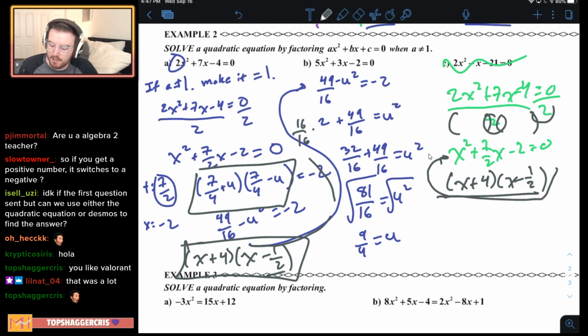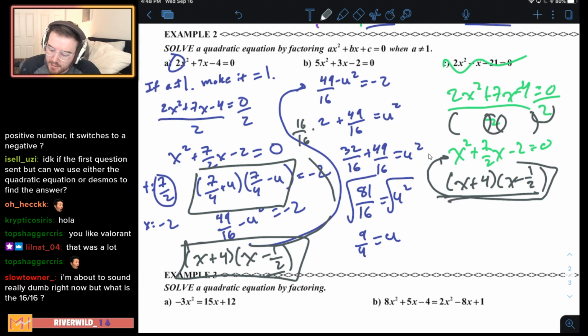I'm just having some fun here. This is not something you need to know right off the top of your head at a moment's notice. So this is the factored form of this. Plug it into a calculator. Fractions are just things you can plug into a calculator.